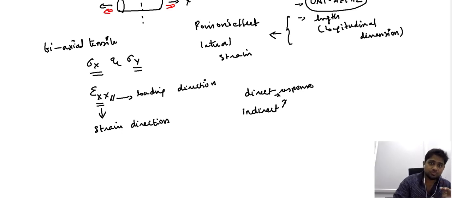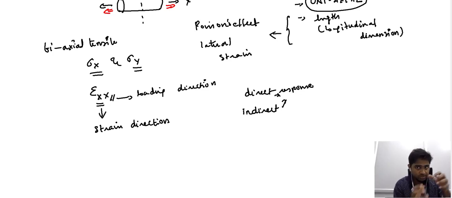Now the indirect response is principally caused by the Poisson's effect, and the indirect response is along the direction that is perpendicular to the loading direction. So in case of biaxial tensile loading, we have a convoluted response that is offered by the material. In order to capture this convoluted response, we need to have a parameter with two subscripts, so epsilon with two subscripts.